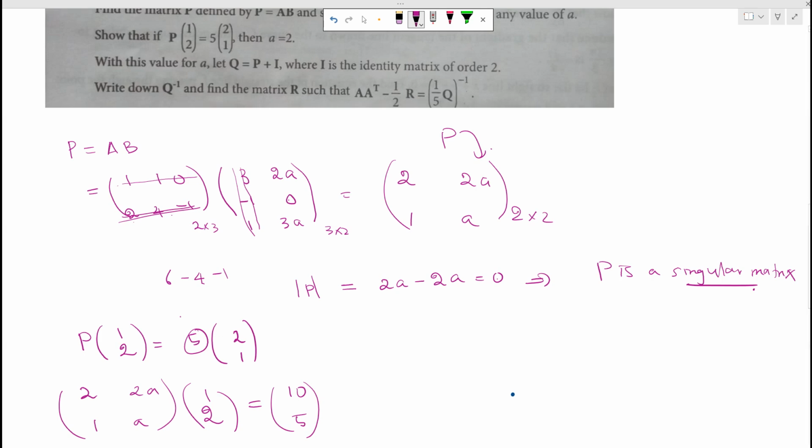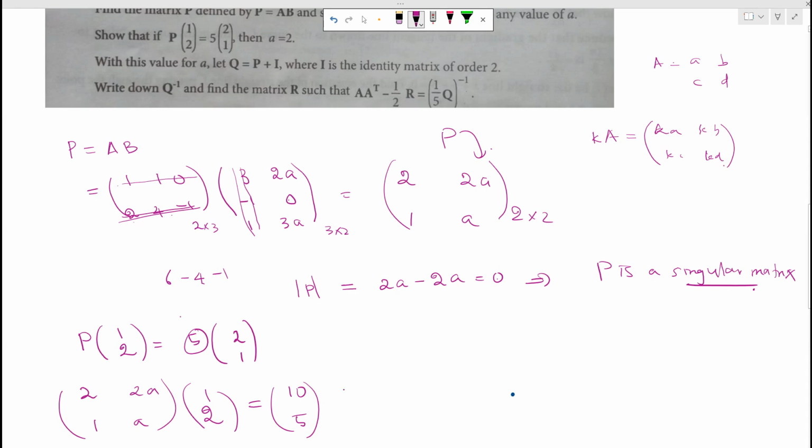Scalar multiplication of matrices we haven't discussed. For example, if A is equal to a b c d, then kA would be equal to ka, kb, kc and kd. You just multiply each entry by the scalar.